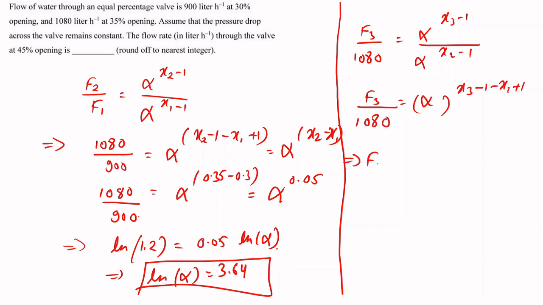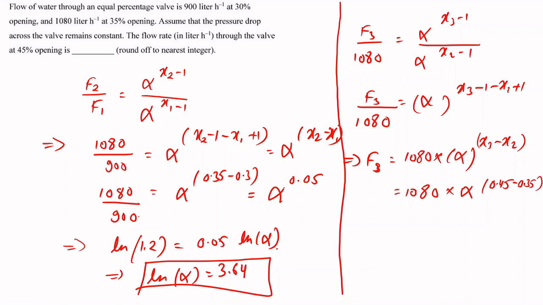So from here we will be getting F3 is equal to 1080 into alpha raised to x3 minus x2. x3 is 0.45 and x2 is 0.35. So we can write this as alpha raised to 0.1.